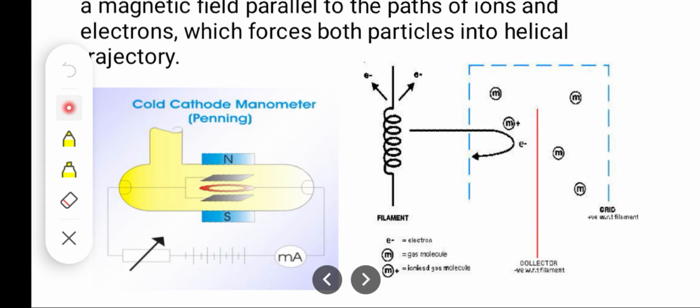The emitted electrons go toward the grid, as the grid is at high potential. Our grid is also called an anode. The emitted electrons are attracted to this grid due to its high positive potential.